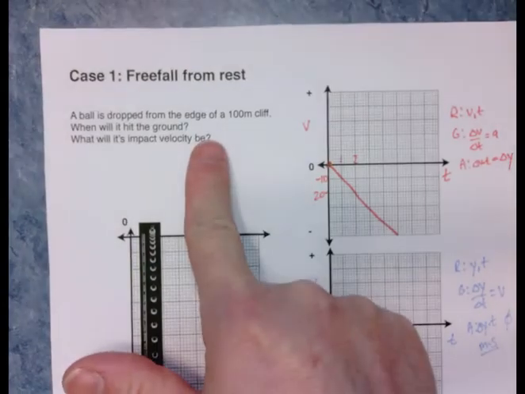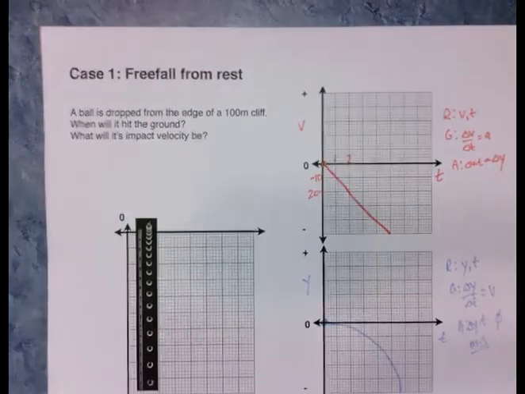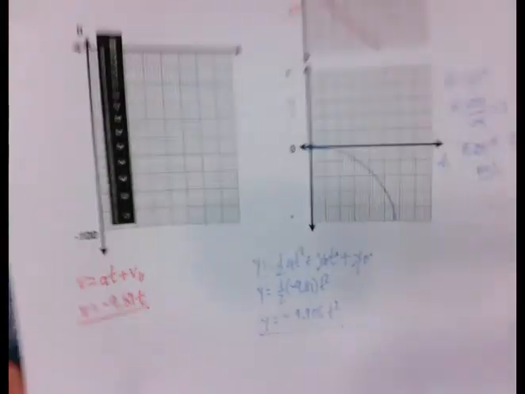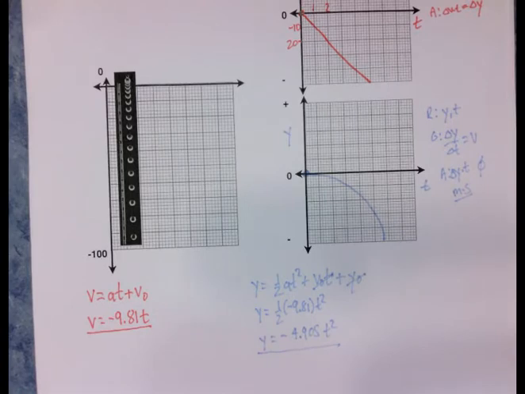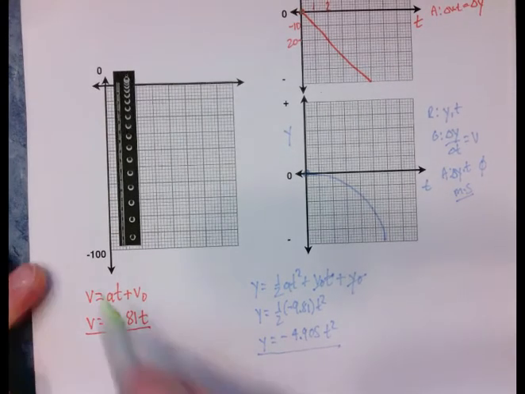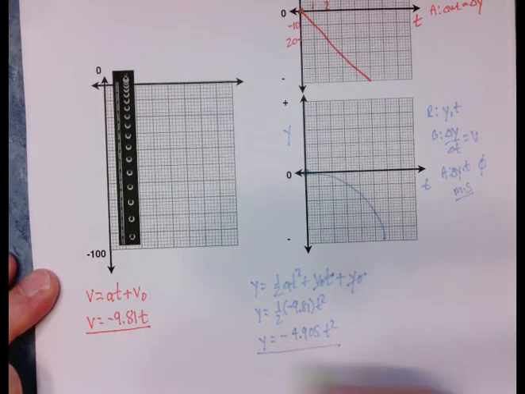Now, going back to our original questions, when will it hit the ground? What will its impact velocity be? Well, when it hits the ground, the position will be minus 100. So when will the position be minus 100? We substitute that in. Divide both sides by negative 4.905.